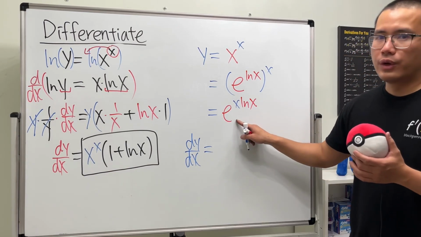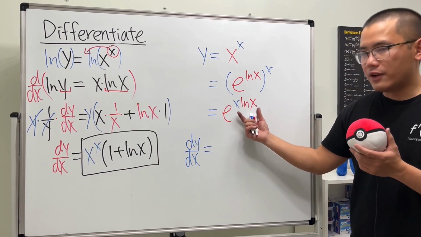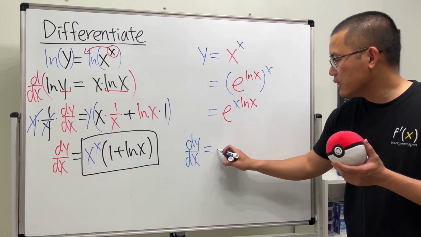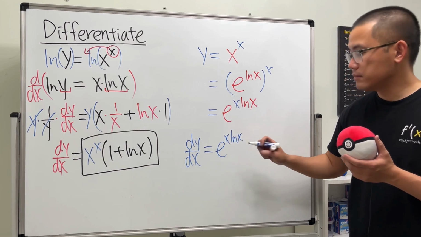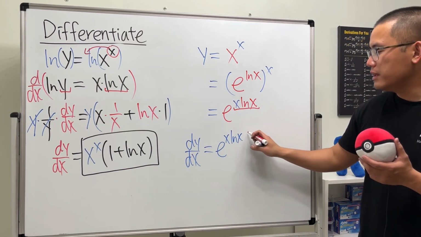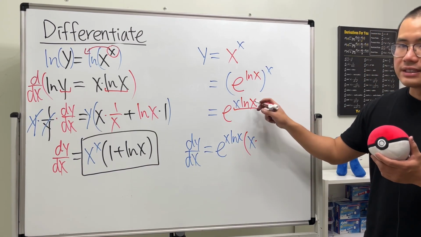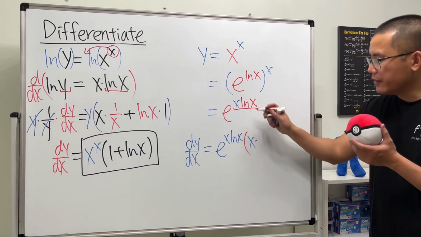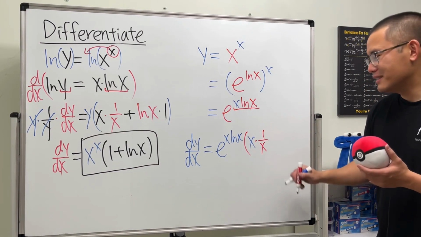Now we can look at this and differentiate. The derivative of e to the whatever is just the same thing repeated. So we have e to the x times ln x. And then we use the chain rule, multiply by the derivative of this. We keep the first function, and we multiply by the derivative of the second. The derivative of ln x is 1 over x. Very similar, yeah, it is.